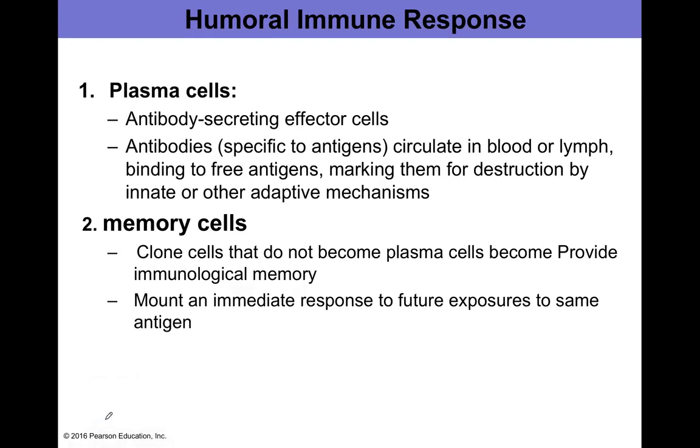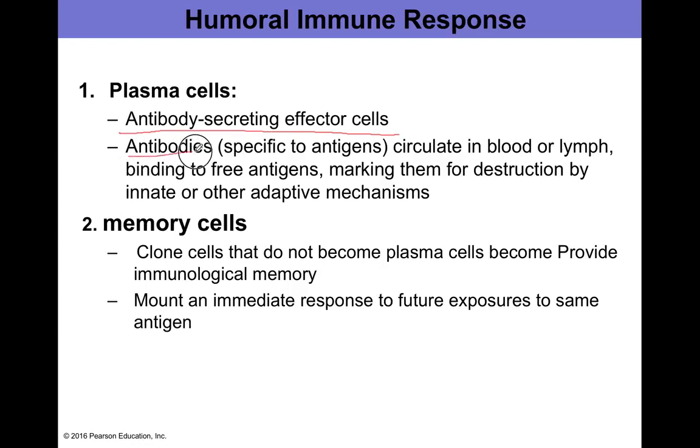Plasma cells, one of the key concepts that you guys need to be very clear about, are the only cells that are going to be producing antibodies. No other cell of your immune system will be producing antibodies except your B cells, which carry out an immune response against the infection.